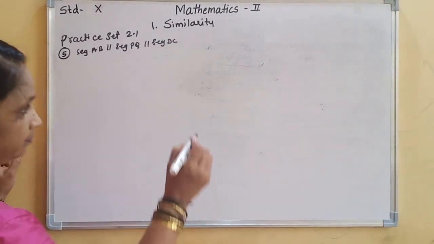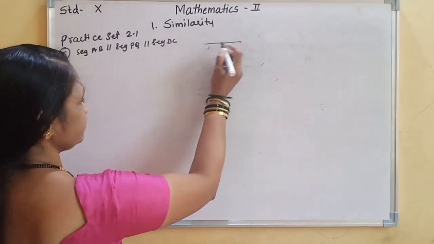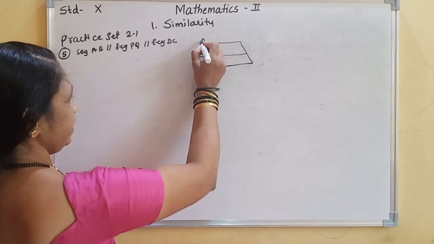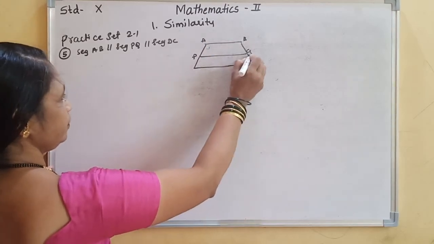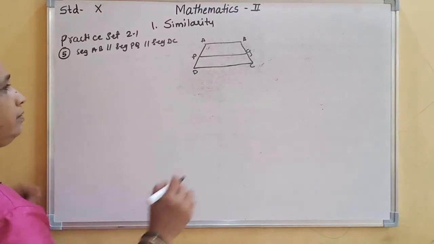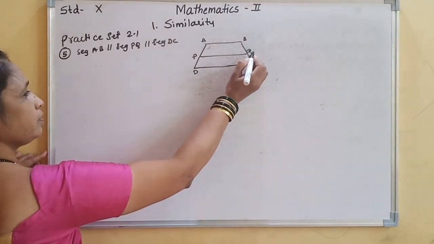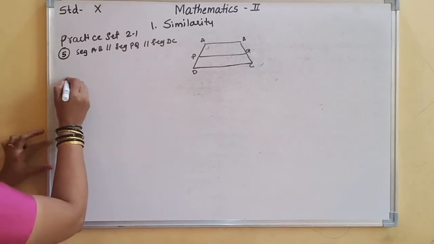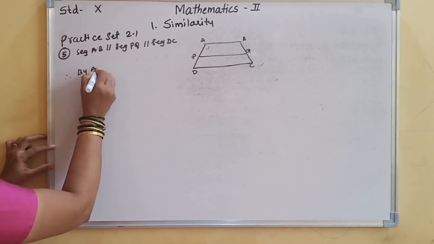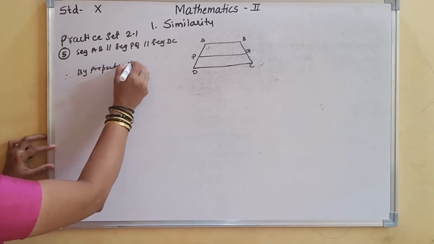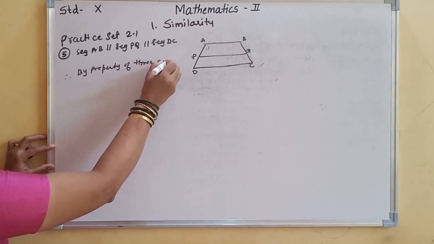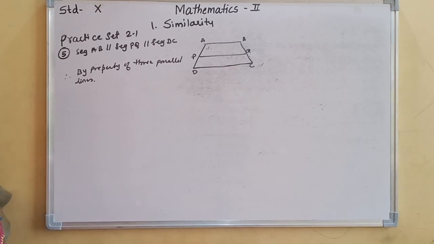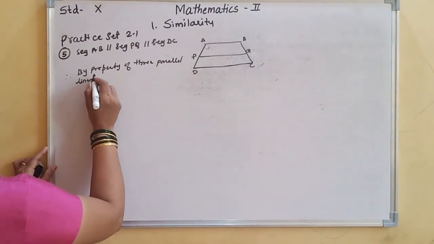Now in this the figure: AB, PQ and DC. Now by property of three parallel lines, what can we say? By property of three parallel lines and their transversal.